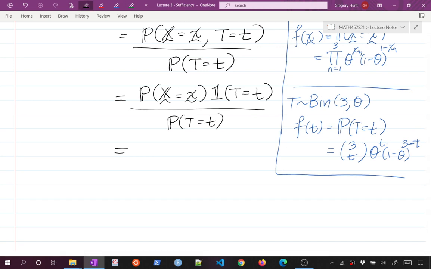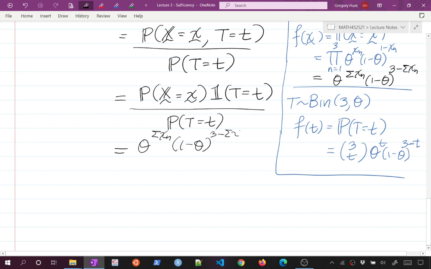And so we can start filling in here. We can simplify this one a little bit. It's theta to the sum of the xn's, 1 minus theta to, you're going to get 3 minus the sum of the xn's. You push that multiplication through. You're just combining the exponents, just adding together the exponents. So what we get is theta to the sum of the xn's, 1 minus theta to 3 minus the sum of the xn's.